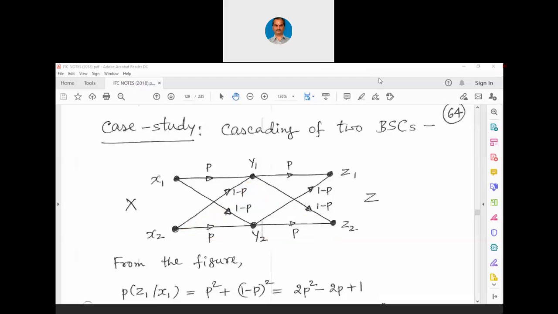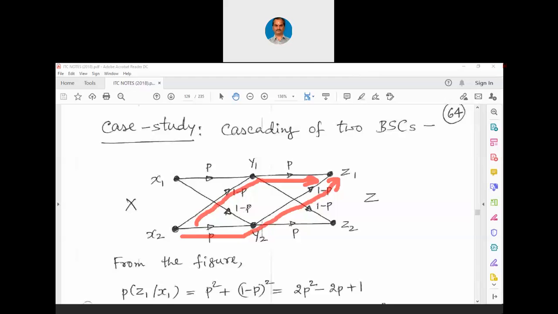Now let me show you the path for z1/x2. Which path is available? This one path, and then this one path, right? So it is 1 minus p into p plus p into 1 minus p, correct? In whatever way you have given the answer, that is correct.